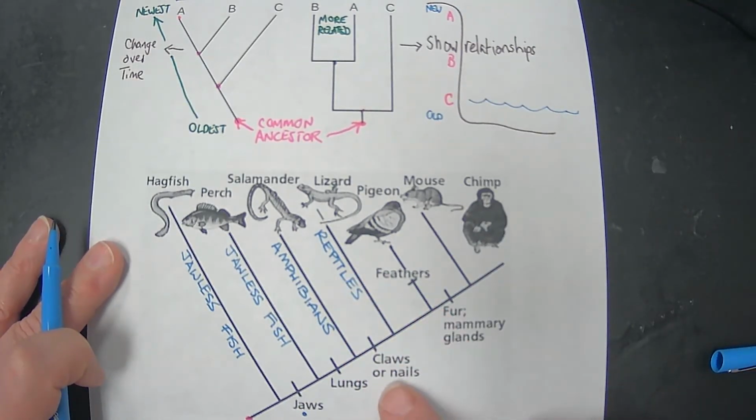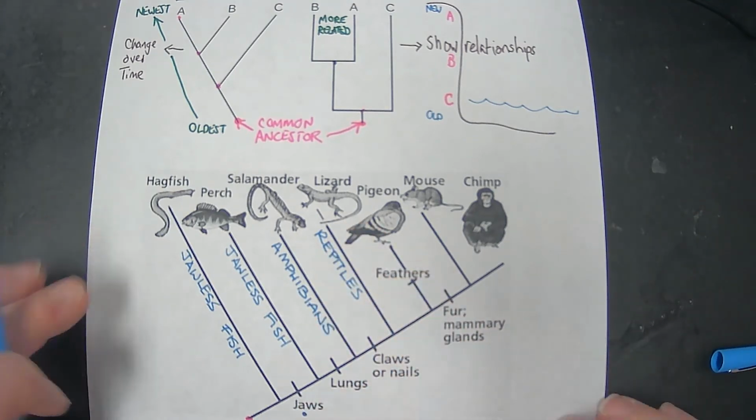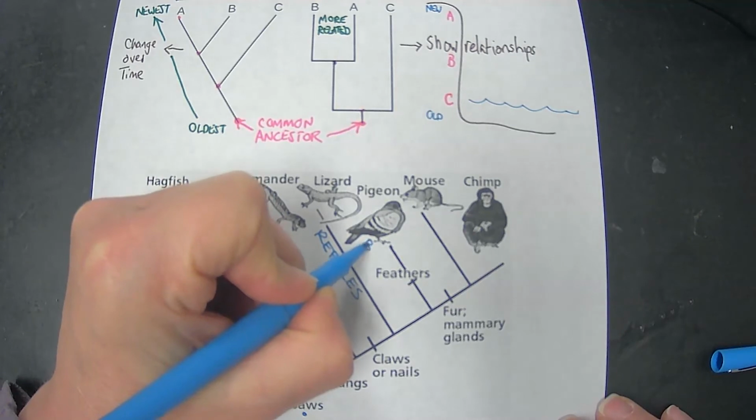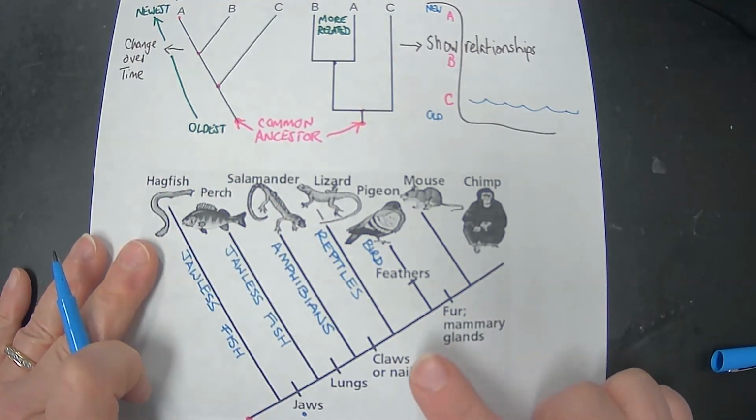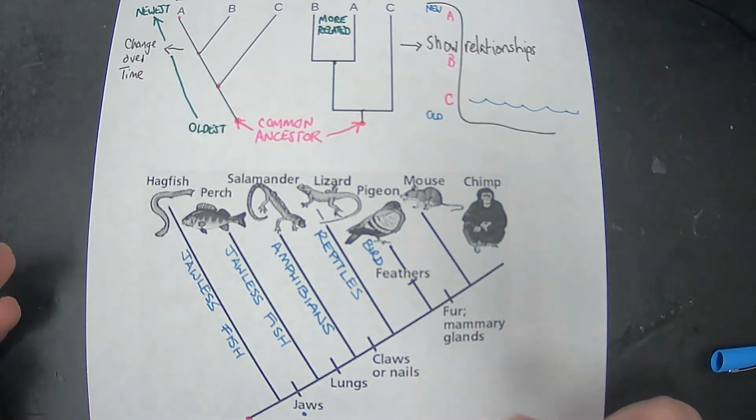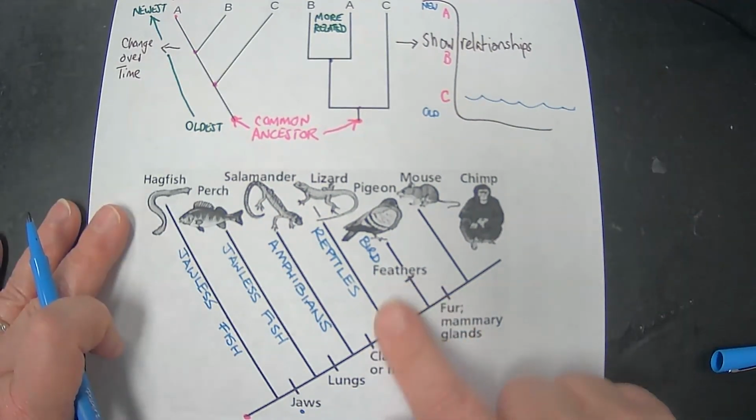Coming along after we've got our reptiles, we get feathers. And of course, if it's got feathers, it's a bird. Birds still require their offspring to develop in a watery environment, which is why they lay eggs, and they develop outside of the parent.